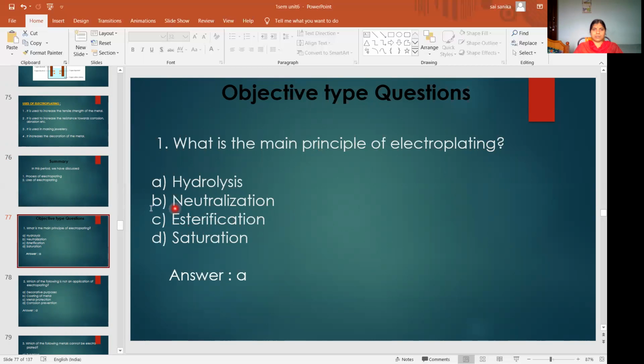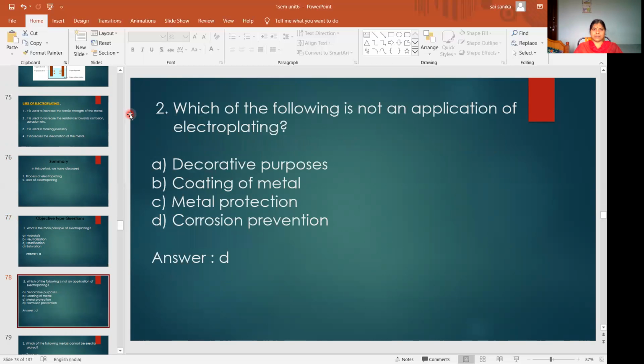A, hydrolysis. B, neutralization. C, esterification. D, saturation. So what is the answer? A, hydrolysis. Hydrolysis is involved in electroplating. So the answer is A.